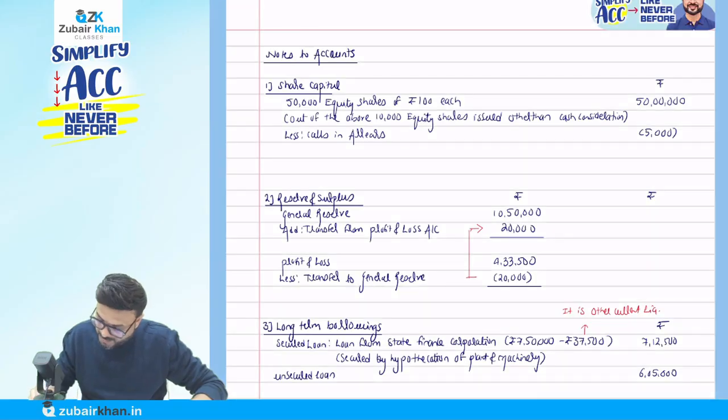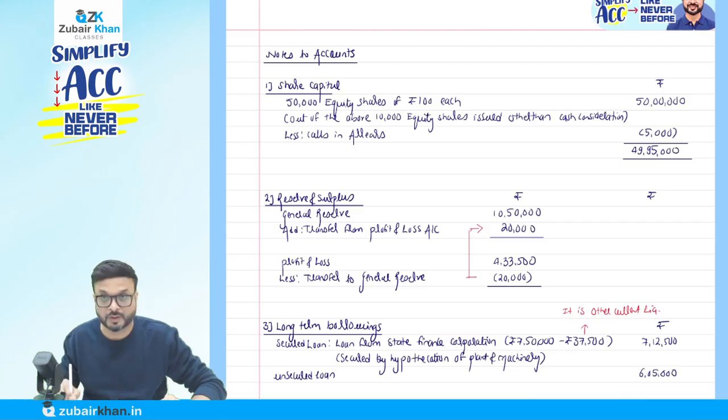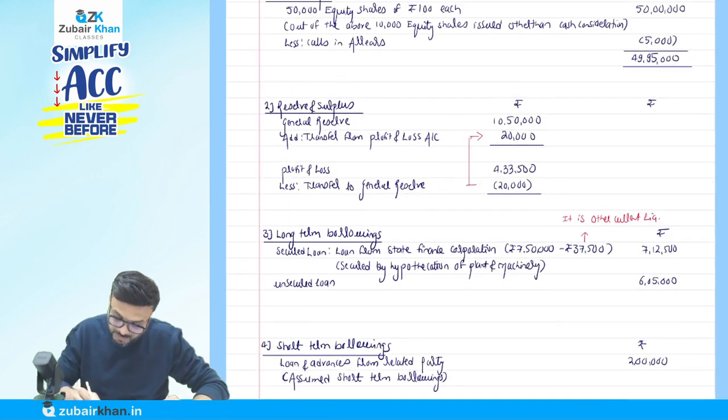So here 50 lakhs minus 5 lakh, that is going to come 49 lakh 95,000. Write down in balance sheet 49 lakh 95,000. Then we have here reserve and surplus.